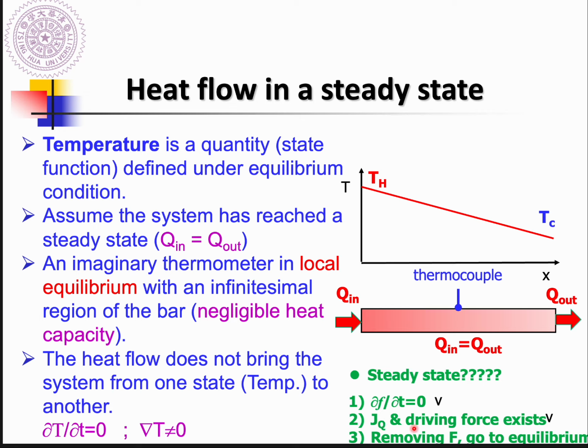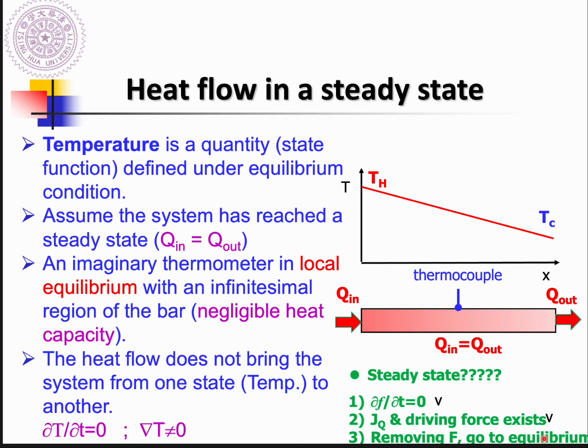So yes, we have observed the heat flow, and the driving force is applied on the system. The third one is when I remove the driving force. It means I take both of these vector fields out, then the system will definitely go to equilibrium conditions, which means the temperature will become uniform along these materials, right?